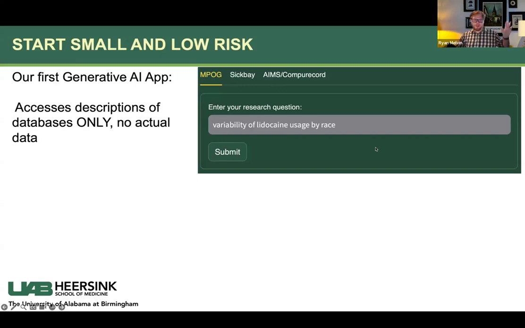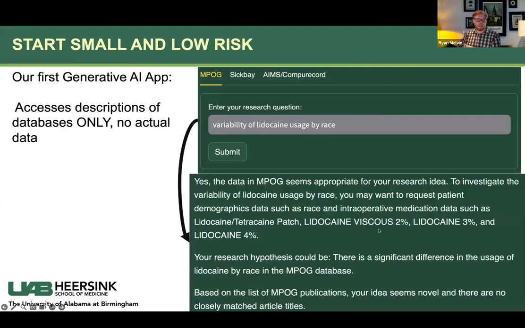And the generative AI will search the descriptions of these databases and figure out whether your question could be answered with retrospective data. And it'll even tell you what data elements you might want to request from our data experts. And so we like to think of this as almost a conversational version of I2B2. That's sort of our fun analogy.